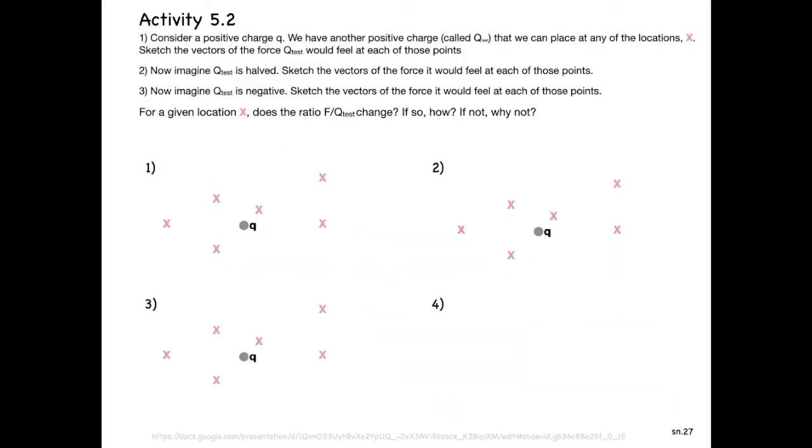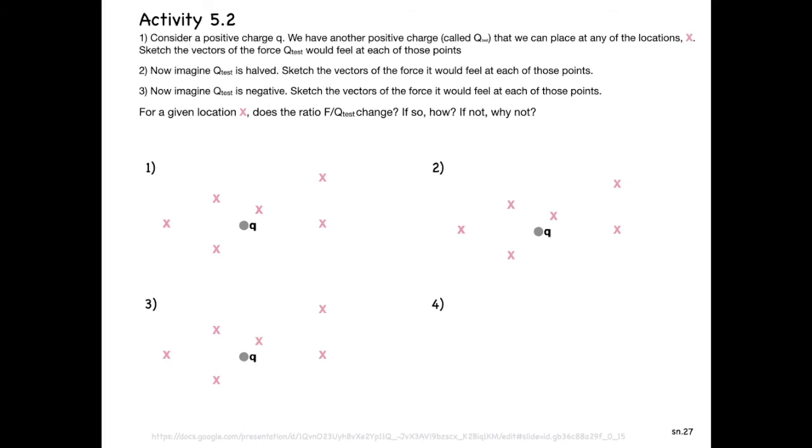Okay. So I have an activity that I'd like you to work on again in your small groups. And while the LAs are handing this out, let me go over what I want you to do. We have this configuration where there's a charge right here, and there are 5 different points in space marked by these red X's.